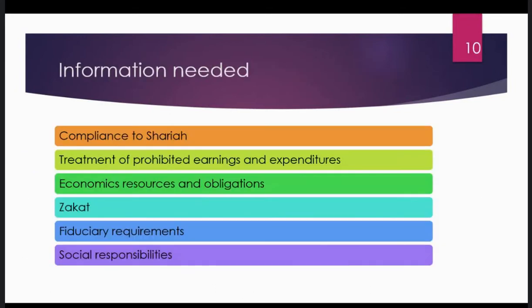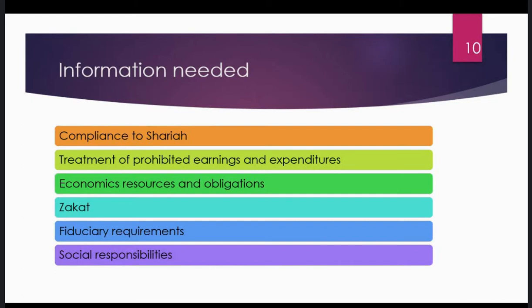So the information needed is on how the institutions comply with Sharia. From the financial statement, we can identify whether the institution complies with Sharia or not, and how they actually treat the prohibited earnings and expenditure.